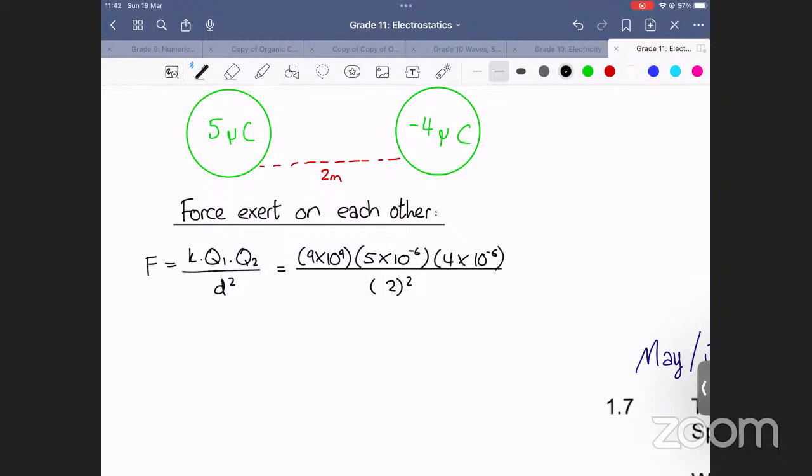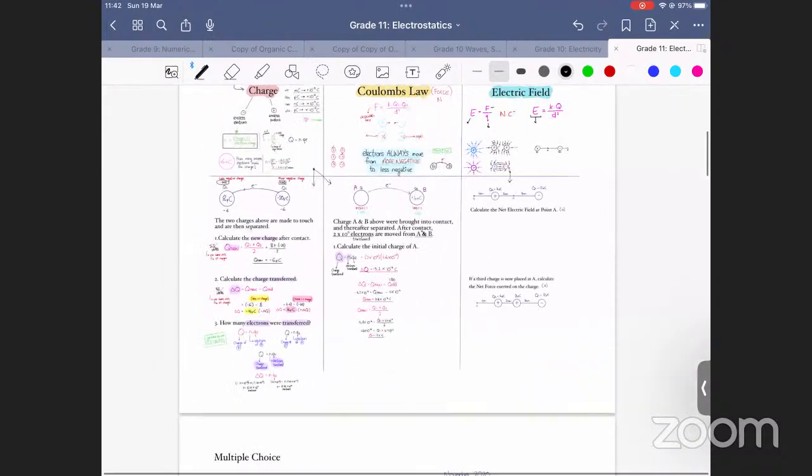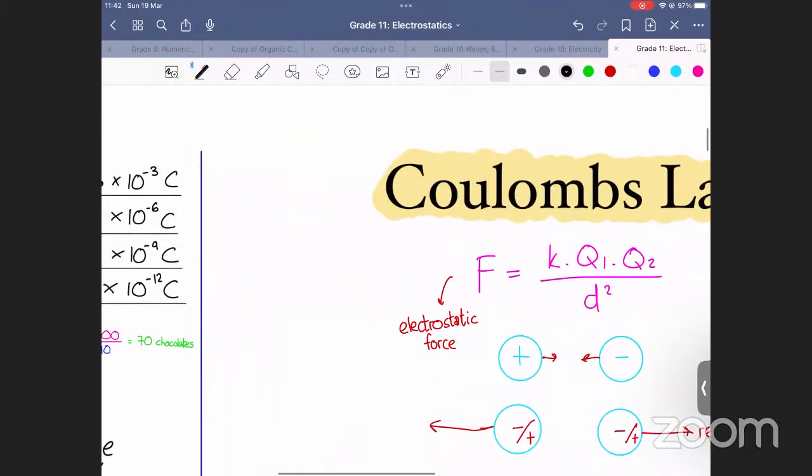The two things to note: we have to use SI units, and you don't use negatives.